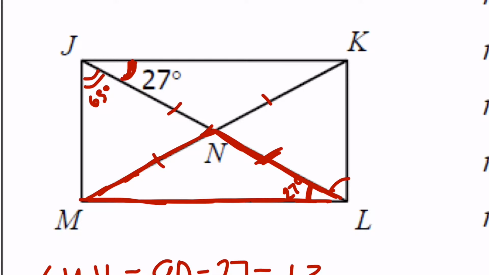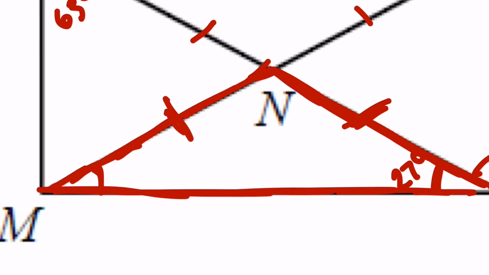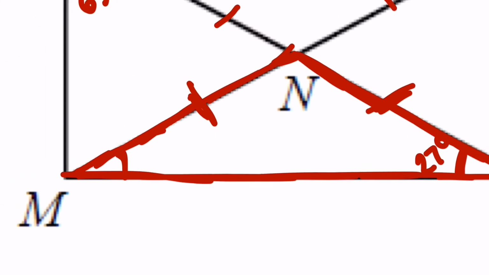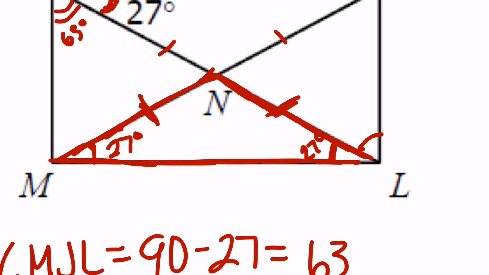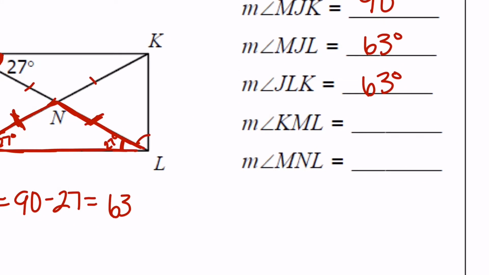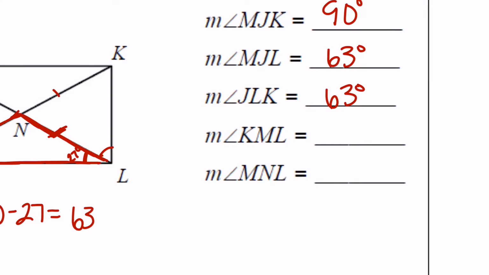When I have two congruent sides of a triangle, these two angles are congruent. So that means angle KML is also 27 degrees because this makes an isosceles triangle. Because these two sides are congruent, these two angles are congruent. So angle KML is 27 degrees as well.